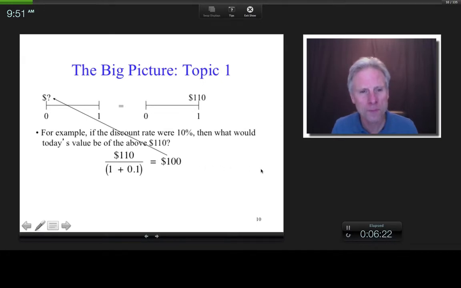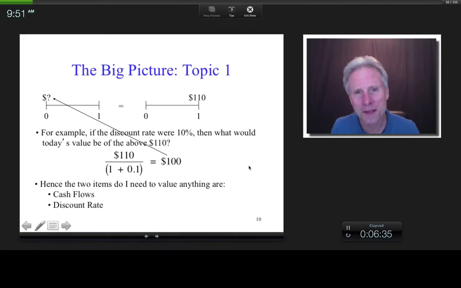So therefore, the 2 things that I needed to value anything, did it include cash flows? It did, right? And did I need my discount rate? I did, right? So the 2 things I needed to value anything were cash flows and a discount rate. Now that's going to be important to remember as we start applying this way of measuring value throughout the rest of the course.